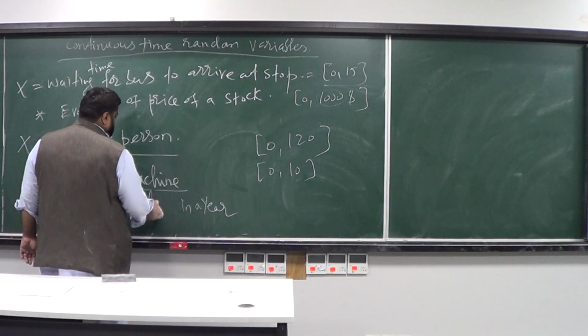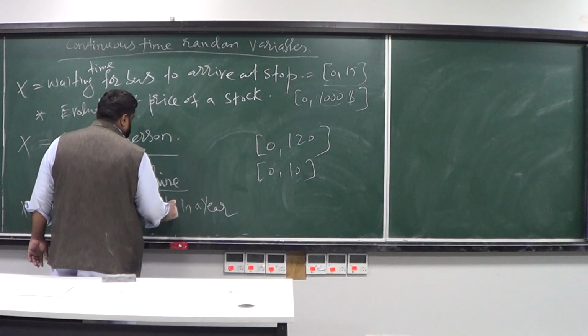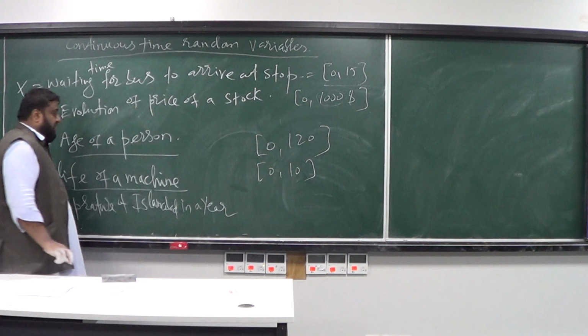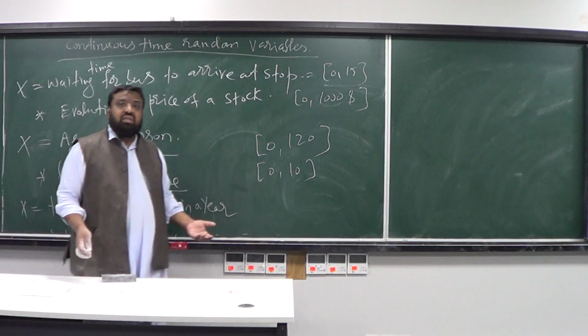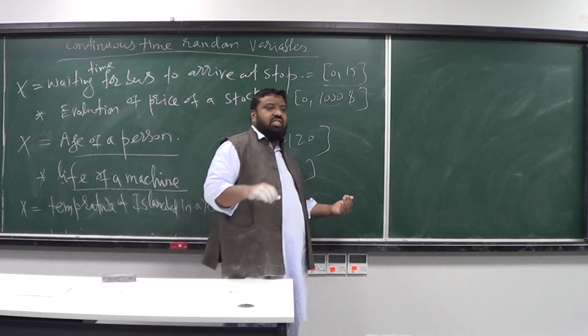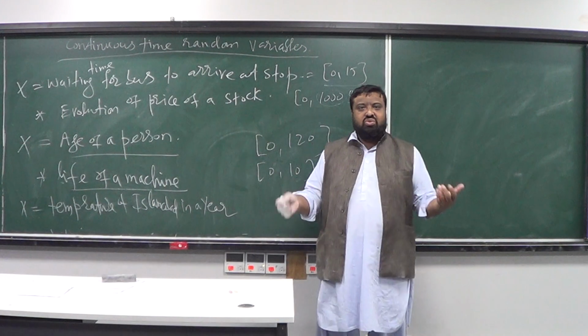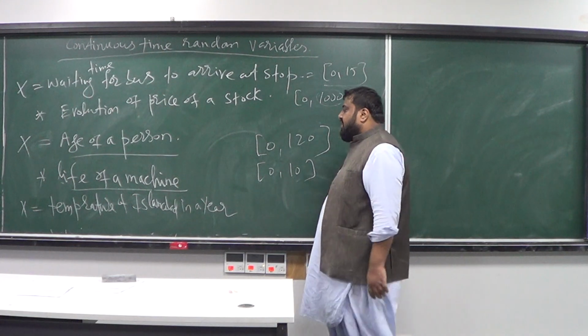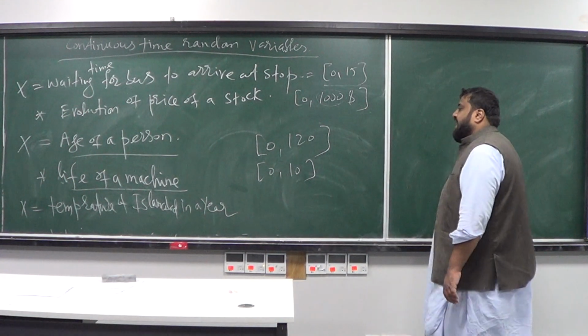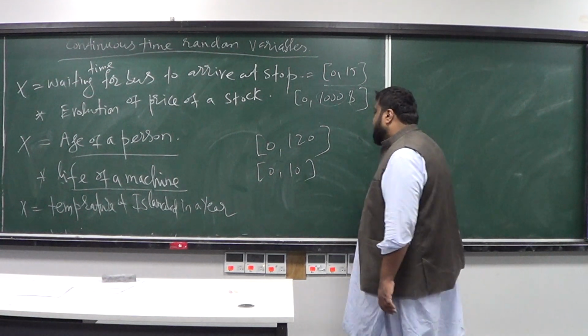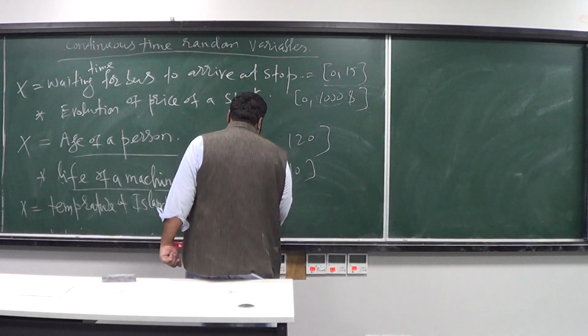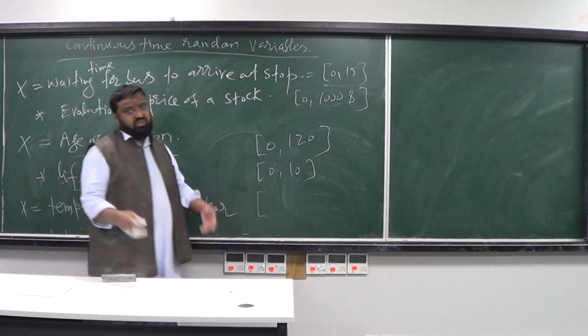So the temperature can also go negative. Temperature is a random quantity, and it's a kind of random quantity that continuously evolves. It just goes up and down all the time. So what would be the temperature of say Islamabad in a year?